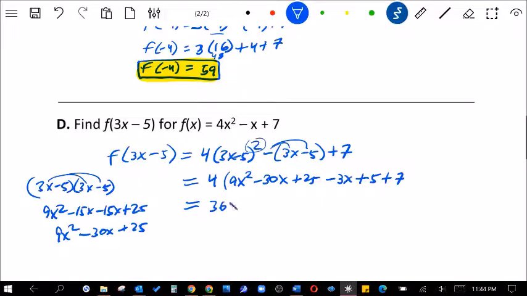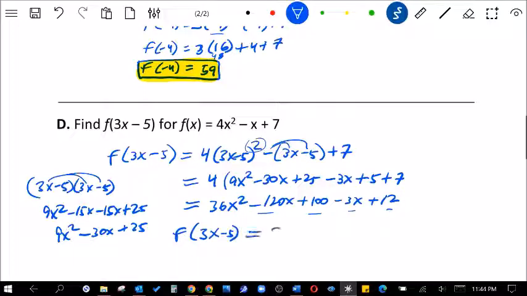Gives us 36x squared minus 120x plus 100 minus 3x plus 12. And we'll combine the x's and we'll combine the numbers. So f of 3x minus 5 is actually equal to 36x squared minus 123x plus 112.